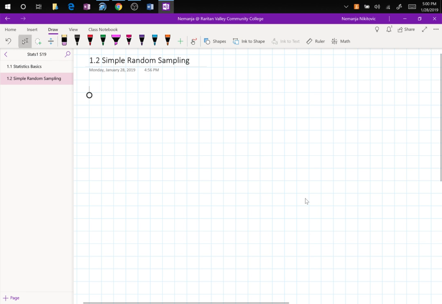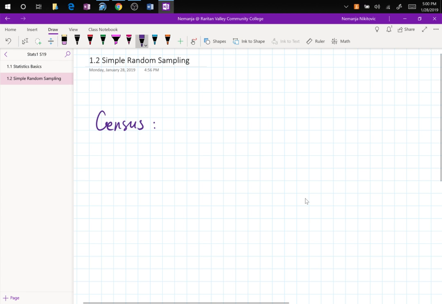First, we'll say something about census. So census is surveying the entire population, or obtaining information. I don't know, they don't like the word surveying, so let's use the same wording.